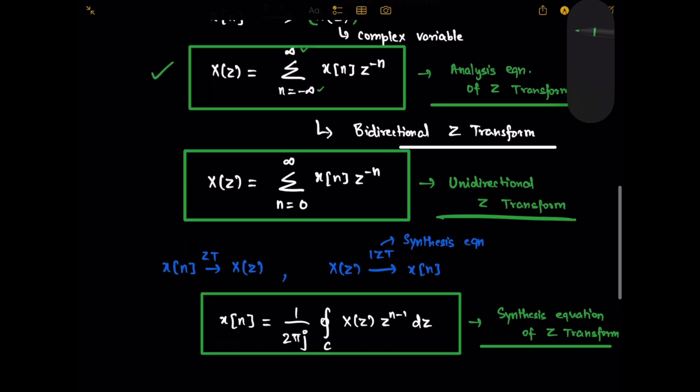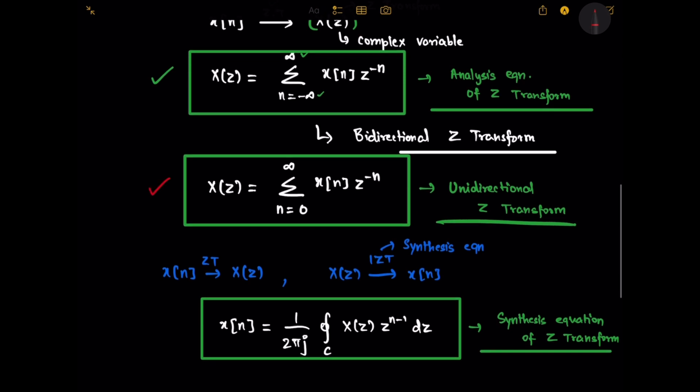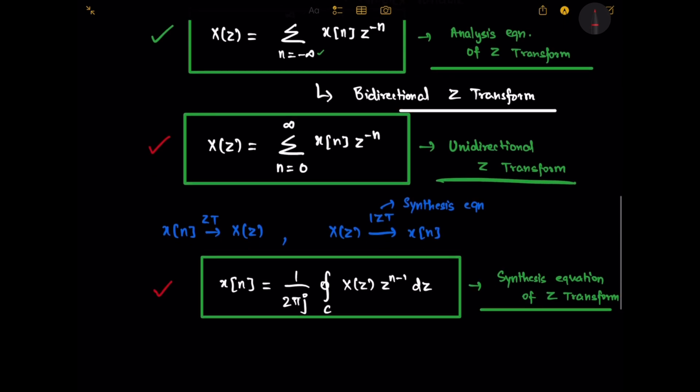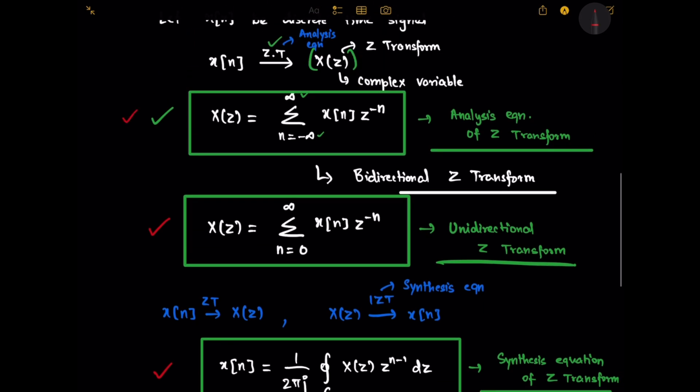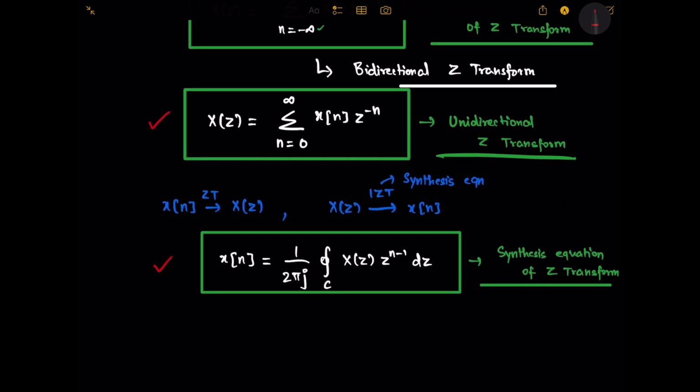These are the analysis and synthesis equations of Z transform. The analysis equation is also called the Z transform, the actual Z transform. The synthesis equation represents the inverse Z transform.